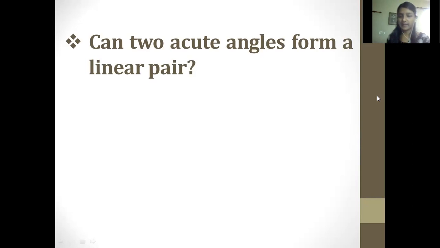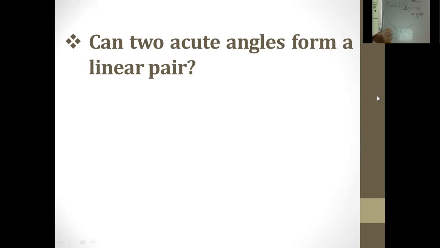Acute angles are the angles which are having measurement less than 90 degrees. So they are asking, can two acute angles form a linear pair? No, it won't be forming a linear pair. Let me tell you how.